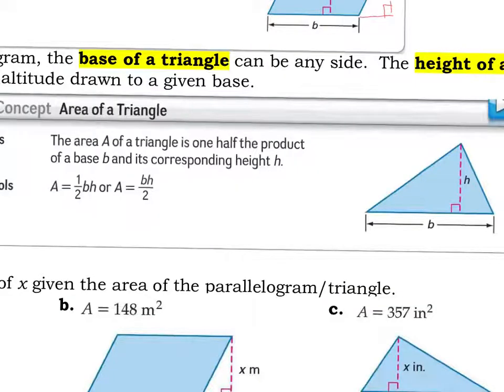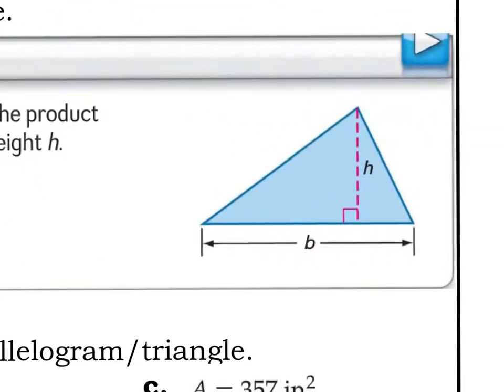Next is the area of a triangle formula. The area of a triangle is 1/2 base times height, or you could write it as base times height divided by 2. Same as the parallelogram, the height needs to be a perpendicular line. So if you have a right triangle, then one side will be the base and one side will be the height that form the right angle.